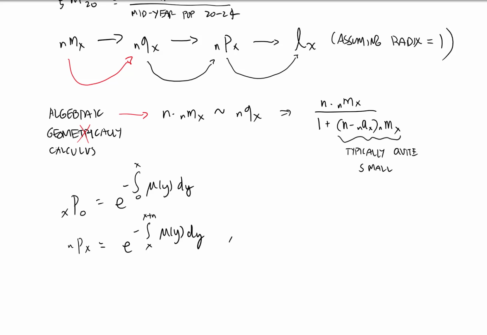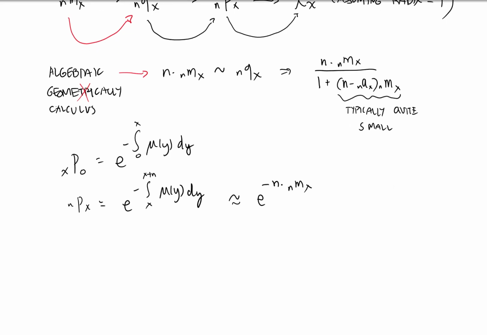And so this thing is going to be very close to e to the minus n times nmx. So that is actually the second way that we're going to use this.